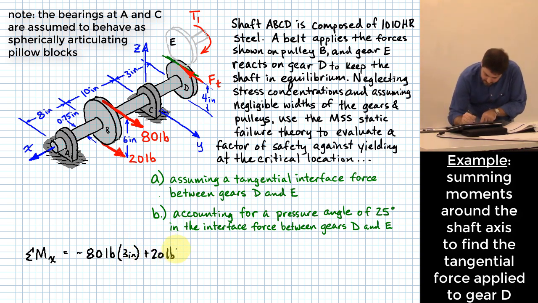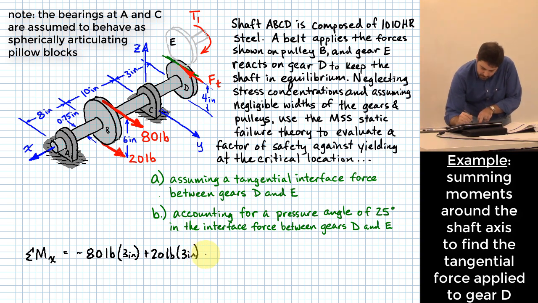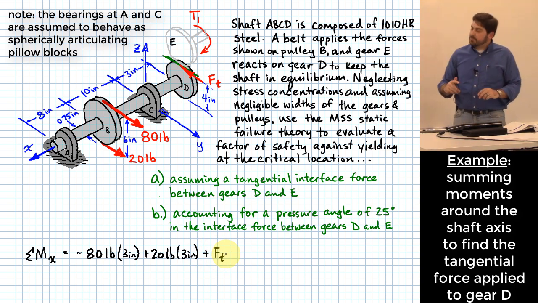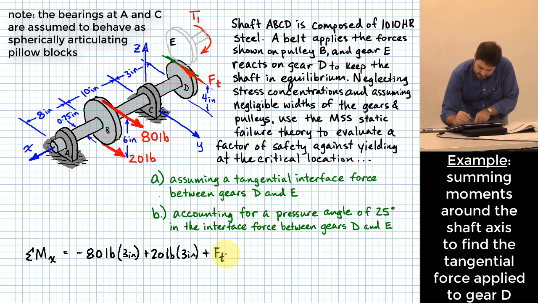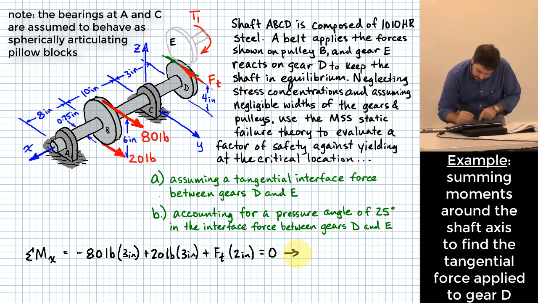Plus 20 pounds, also times a 3-inch radius for pulley B. What else? Plus F sub T for that tangential force that is applied on the outer surface of gear D. And what's its radius? 2 inches. And if I solve all this out, I end up with F sub T being equal to, I believe I calculated earlier, 90 pounds.